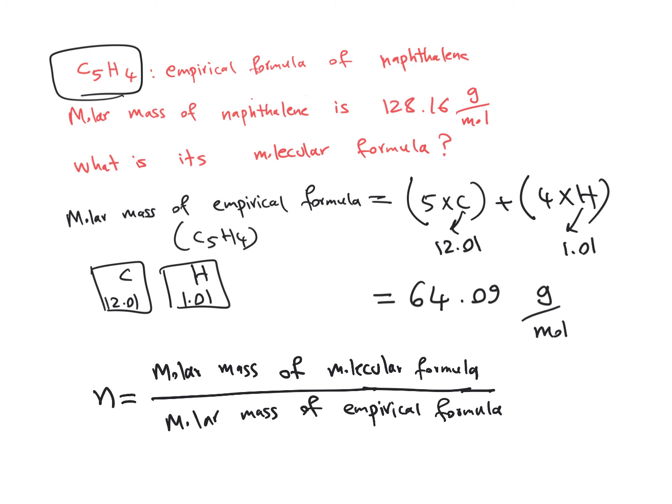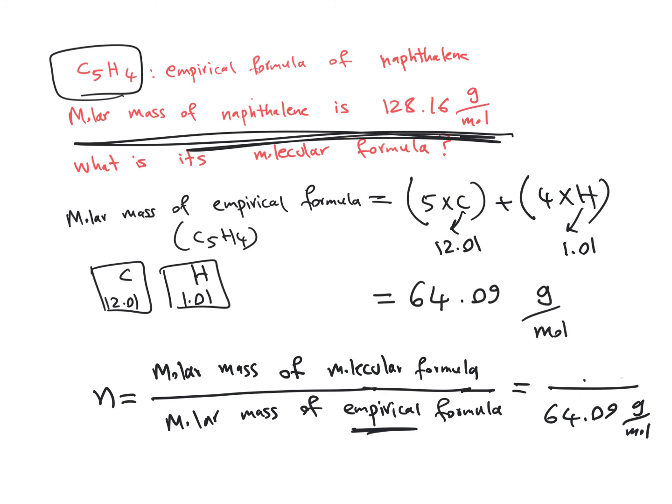The molar mass of the empirical formula I just calculated is 64.09 grams per mole, and the molar mass of the molecular formula is given to you, 128.16 grams per mole.